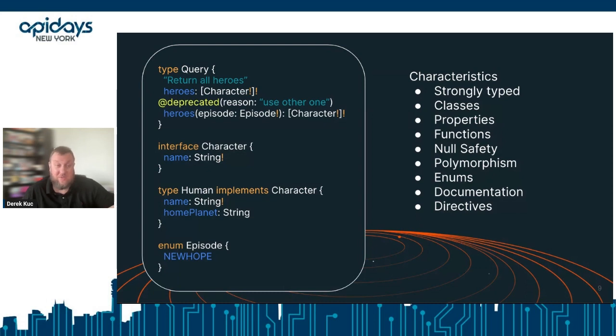So when they try to use it, they may get a warning saying this is actually deprecated and you should use the other query that's available to us. There are other directives that you can manually create, something like authenticated, to ensure that the users accessing the data have the proper permissions, etc. It's a very powerful mechanism. Those will be the characteristics that ideally our idiomatic code first library would support.